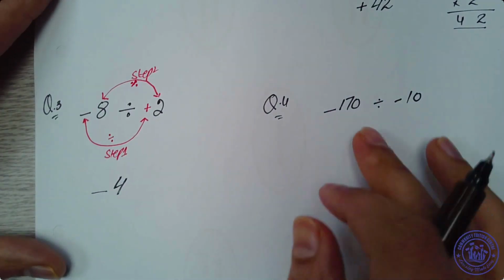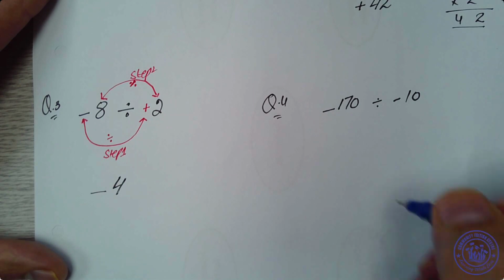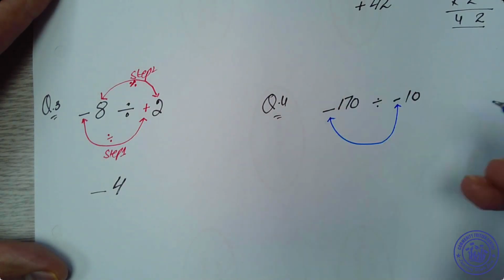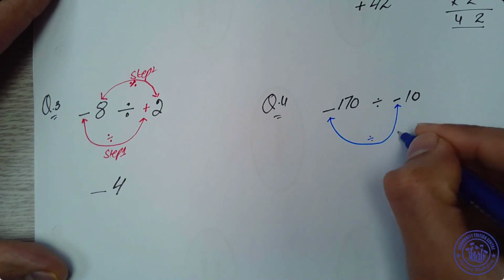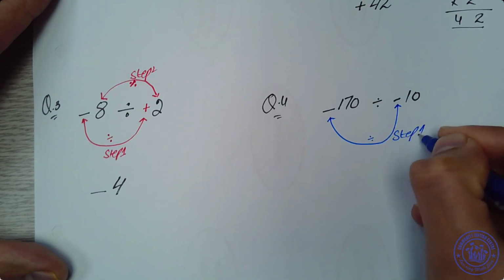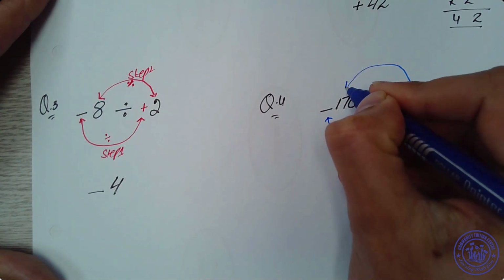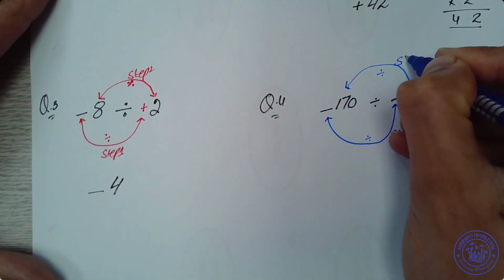I'll do the same thing on one last question and then I'll let you go. So I have again two signs and there's a division sign, so step one will be to divide these two signs. Then step two will be to divide these two numbers.